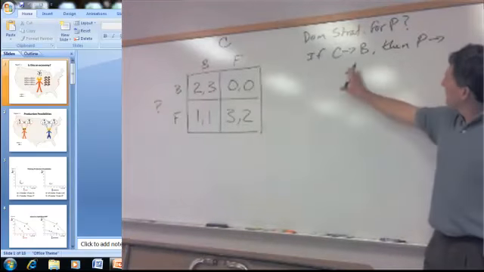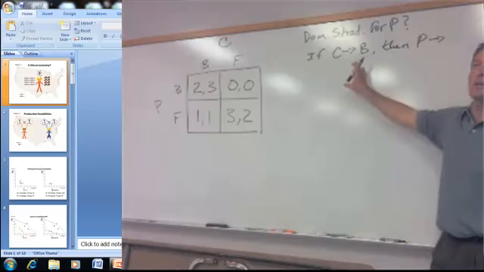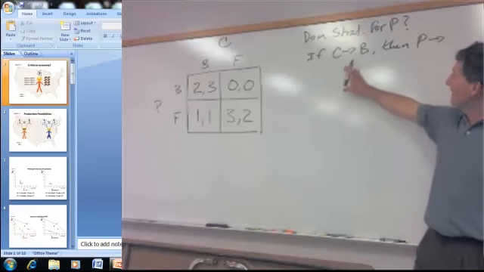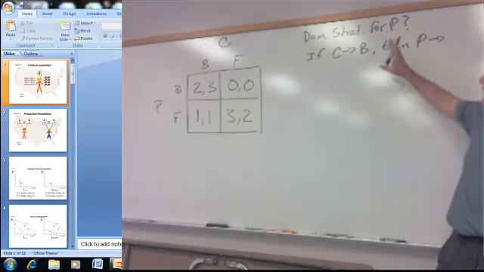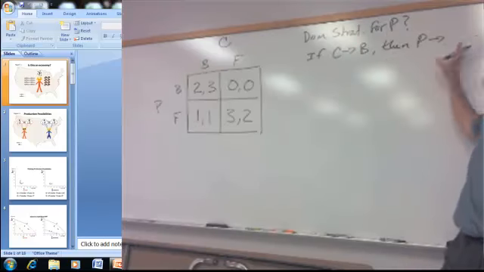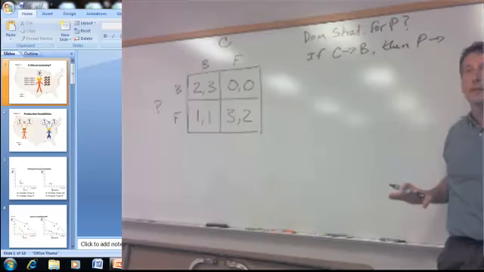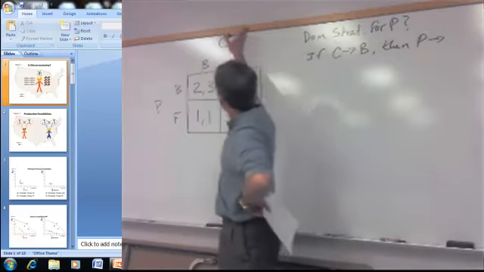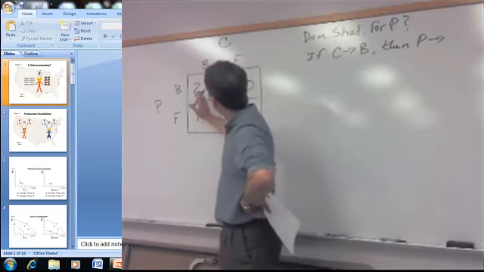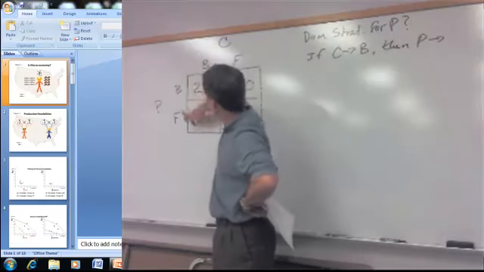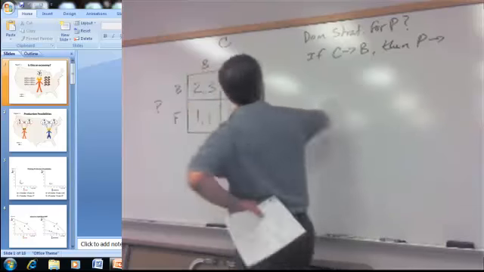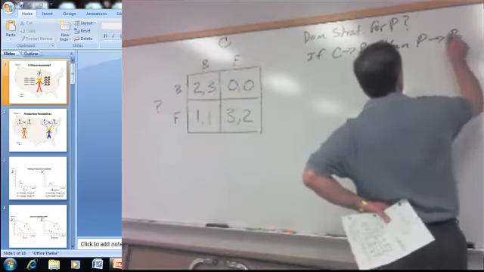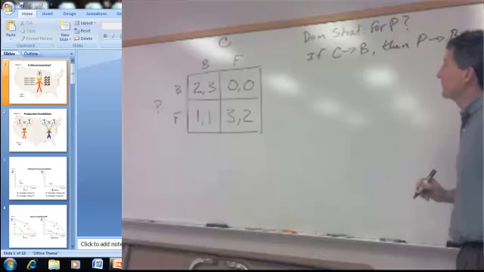And again, we're kind of using the language of economics here. It's a little deciphering thing. If Chris chooses the ballet, then Pat should choose what? Ballet. Okay, so if Chris chooses the ballet, then Pat should choose the ballet because 2 is greater than 1.